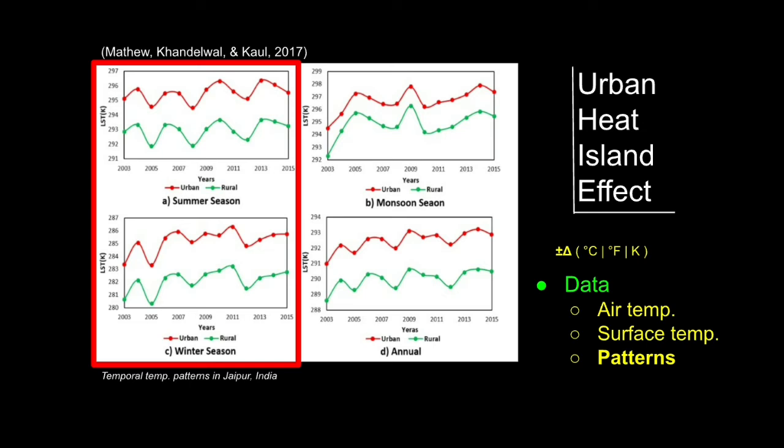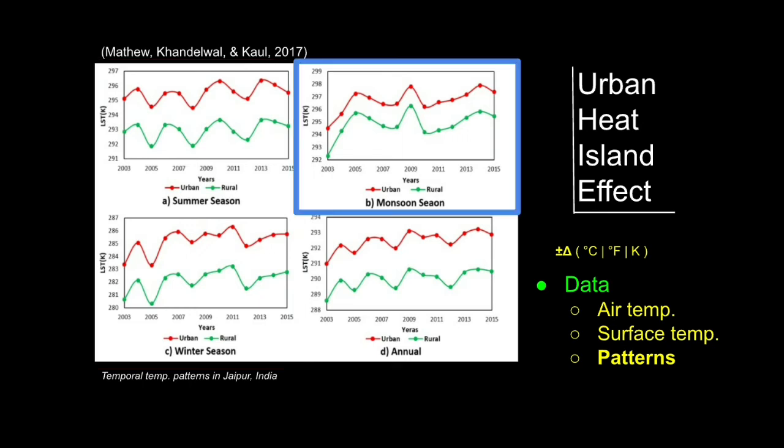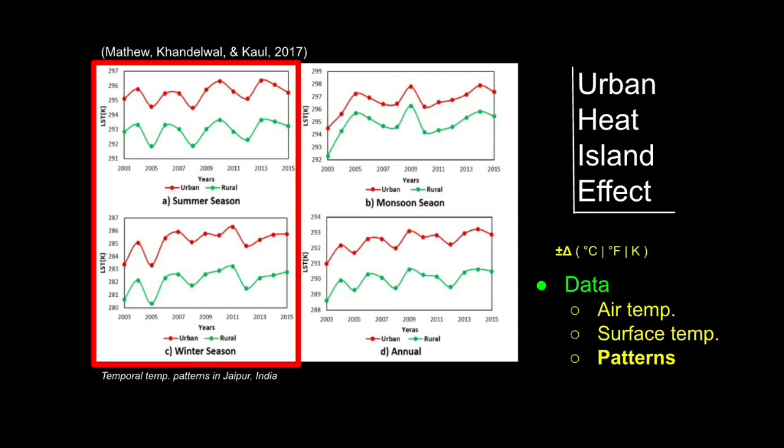You can see the urban area is higher than the rural area. Compare this to the monsoon season, where the red line and the green line are closer together. That means the urban heat island effect is less. The reason for this is that rain and strong winds during monsoon season disperse the heat, while in summer and winter, it's a relatively more stable climate, so the urban heat island is more pronounced.